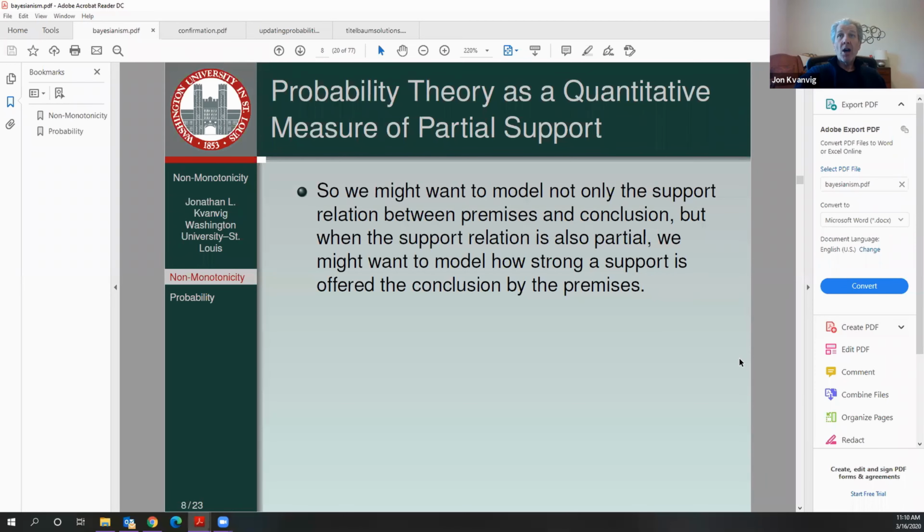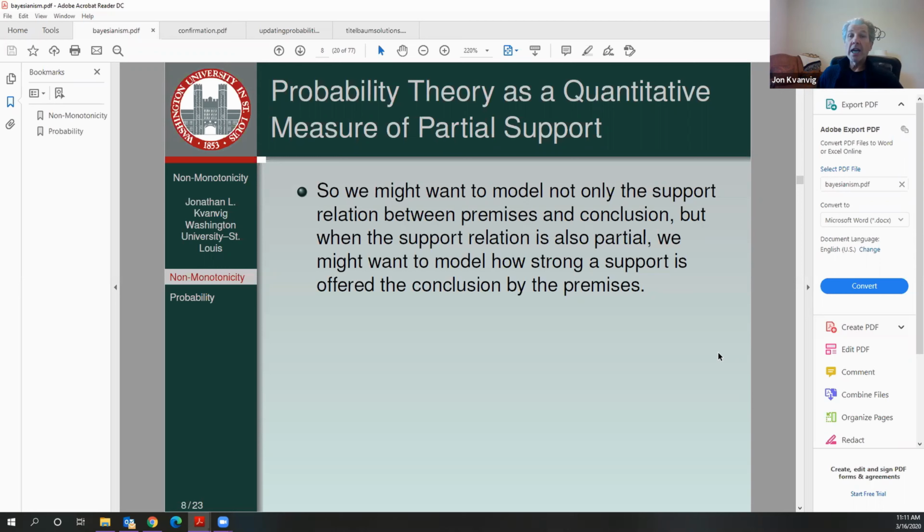So there's lots of options here about how to connect non-monotonic logics with the degree of support relation, but we have to say something. We will want to model in some way how strong the support offered to the conclusion by the premises is. We don't want merely an on-off switch as we used with monotonic logic.